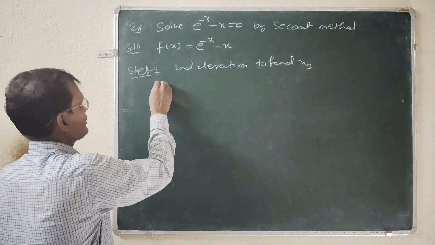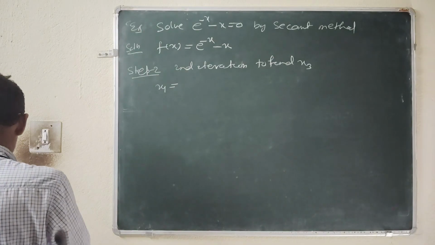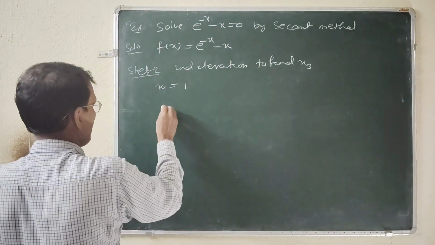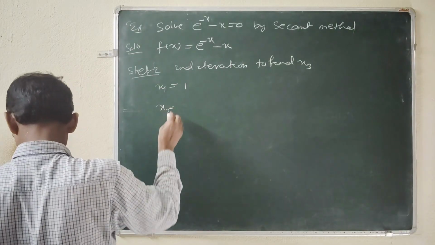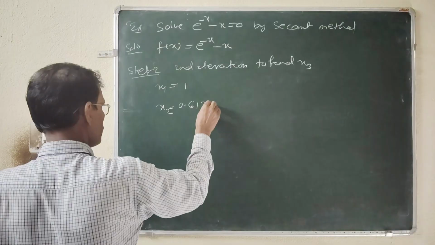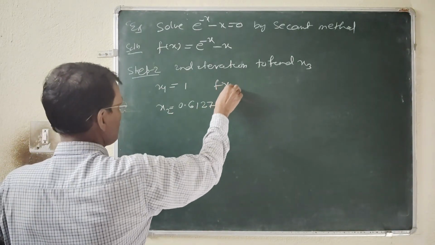So what is x1? x1 is 1 and x2 is 0.61270. If x1 is this, what is f of x1?